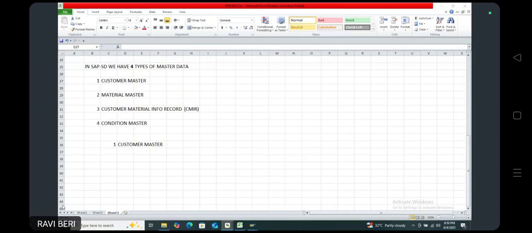So customer is the person who will purchase the goods from the company.